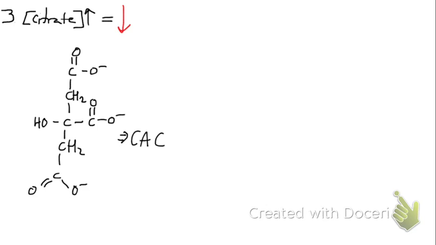It's a downstream product. And so if you have a lot of citrate, then that means you have a lot of metabolism already going on. If you have a lot of metabolism going on, then you're in a high energy state. If you're in a high energy state, you don't need more metabolism to occur. And so that's why an increase in citrate is a negative modulator of PFK1.